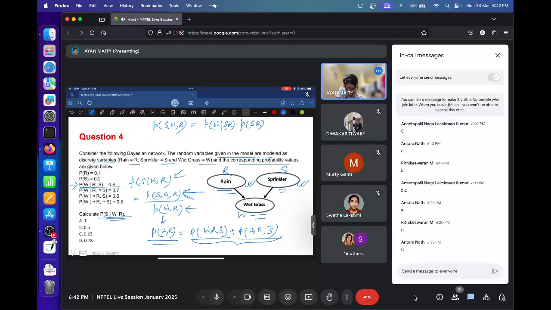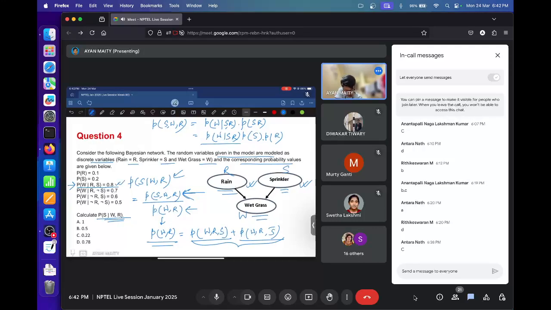So this can be written as probability of S into probability of R. So this becomes probability of W given SR, probability of S into probability of R. So probability of SR is given here, probability of S is given here, probability of R is also given here. So you can put these values into this formula and just compute the value for probability of SWR.